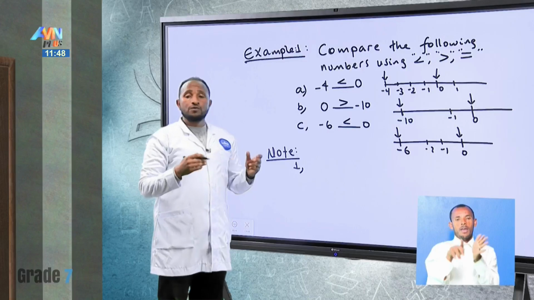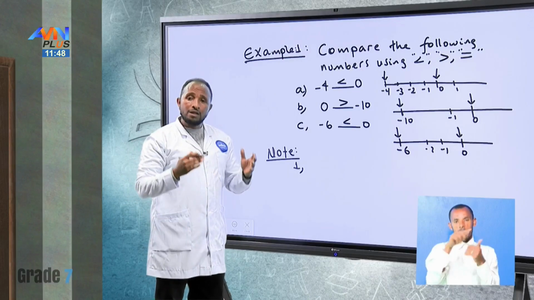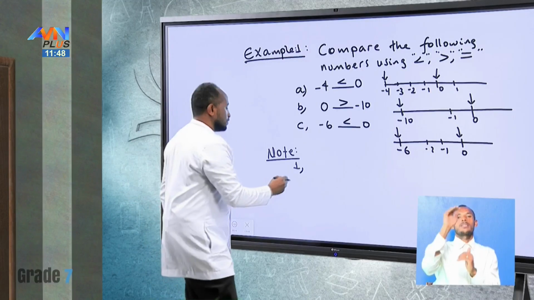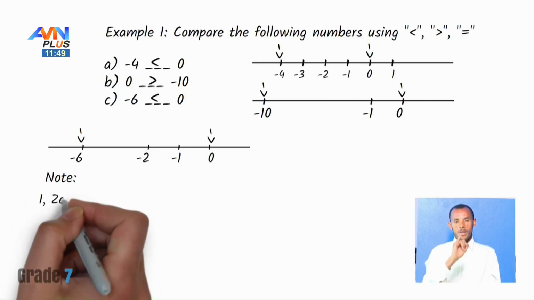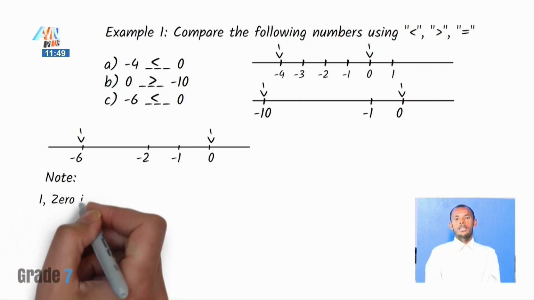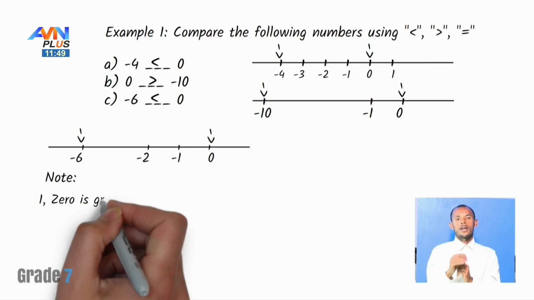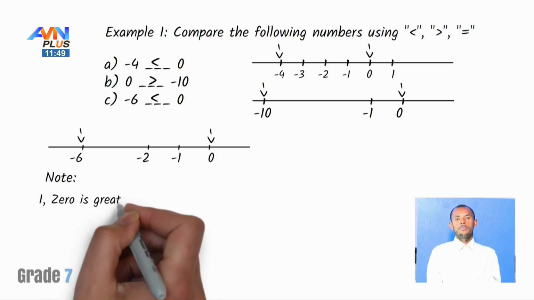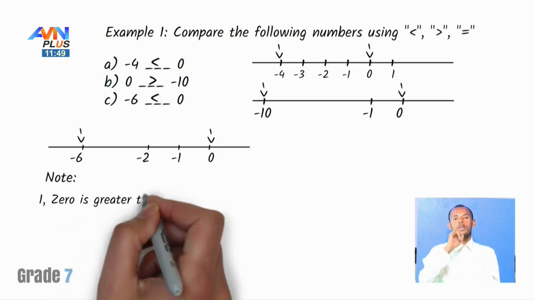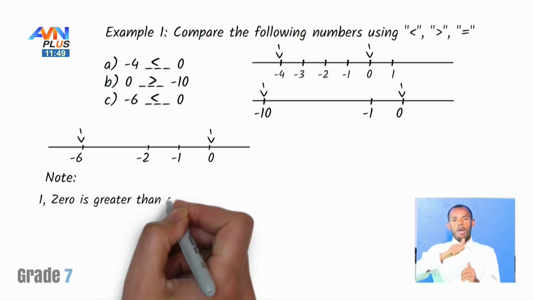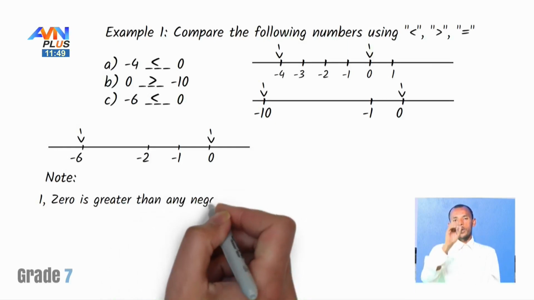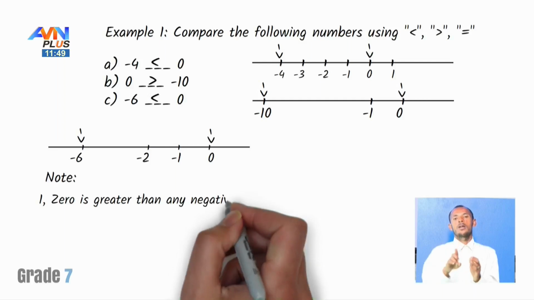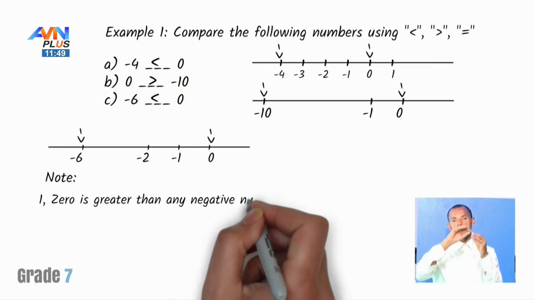Therefore, 0 is greater than any negative number, or negative integer.